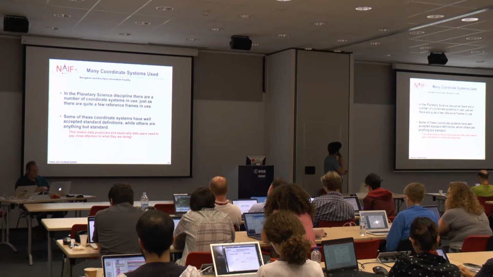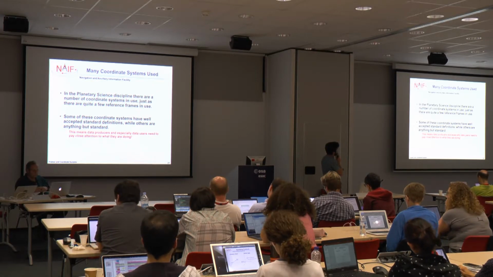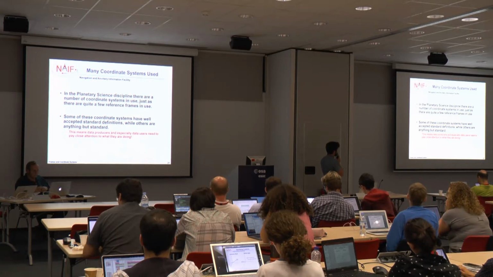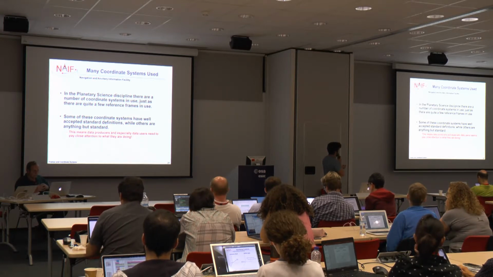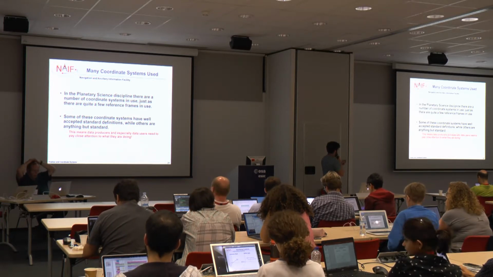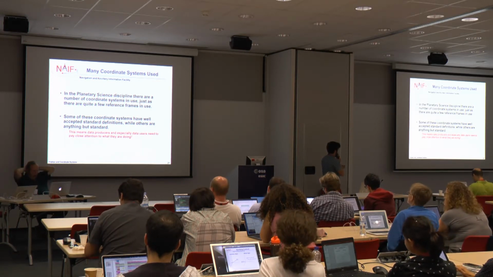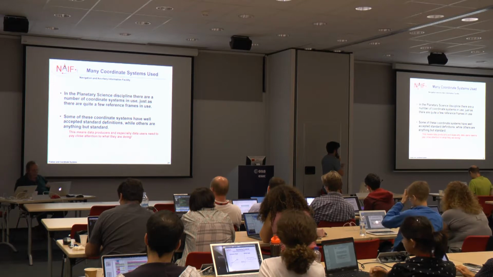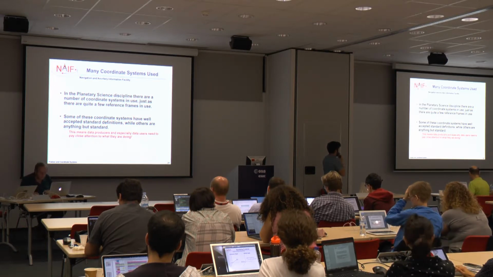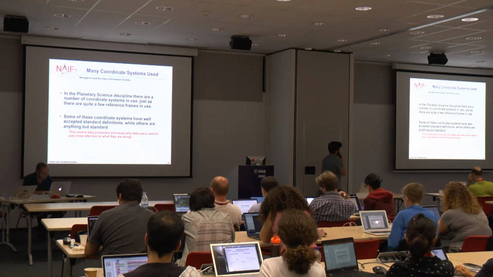So that said, there are many coordinate systems that can be used, right? In particular in planetary science, there's a bunch of them, in the same way that there are many different reference frames that can be used.